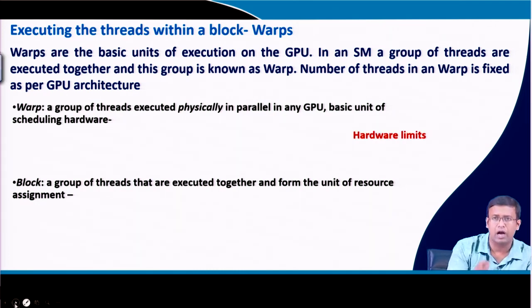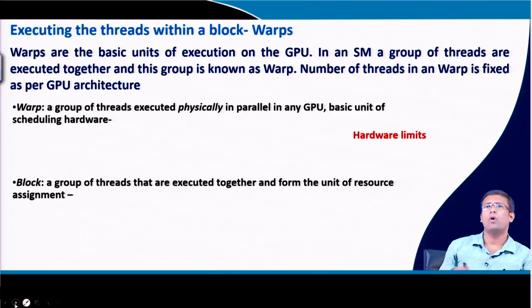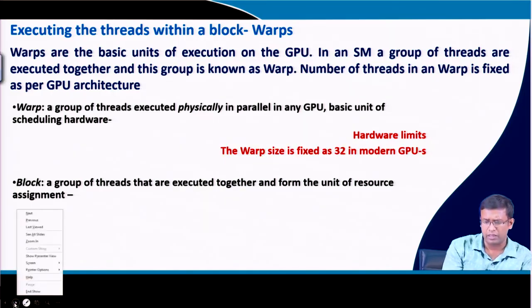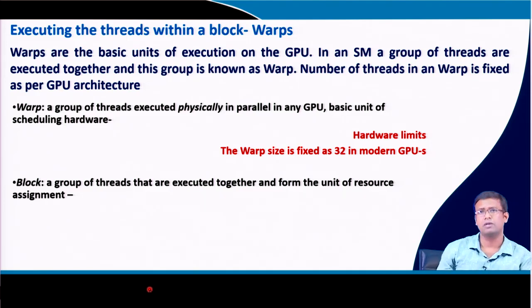So this is the hardware limit. That means not all the cores of the GPU are active at one instant. This takes care of issues like latency hiding. Another issue is heating, electricity and power, the other hardware issues. And in modern GPUs, this number is 32.